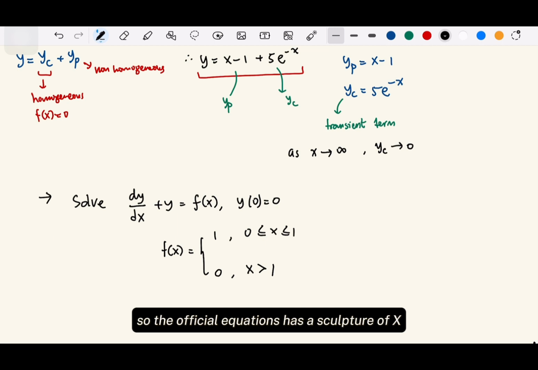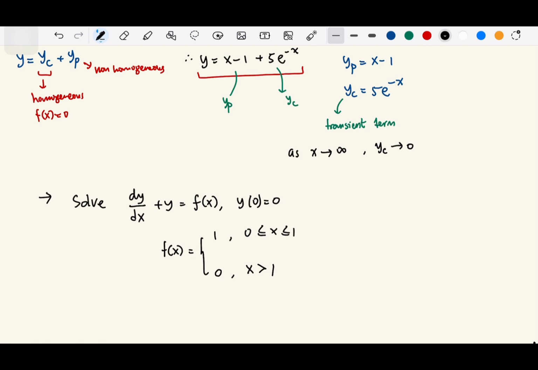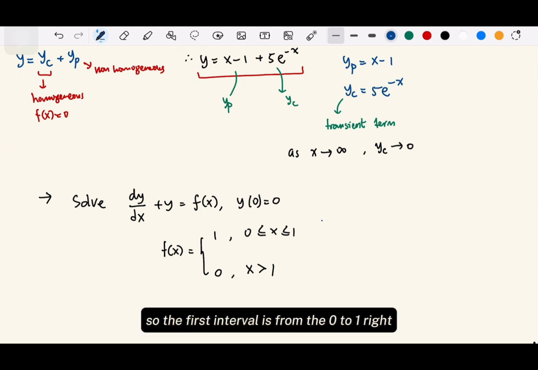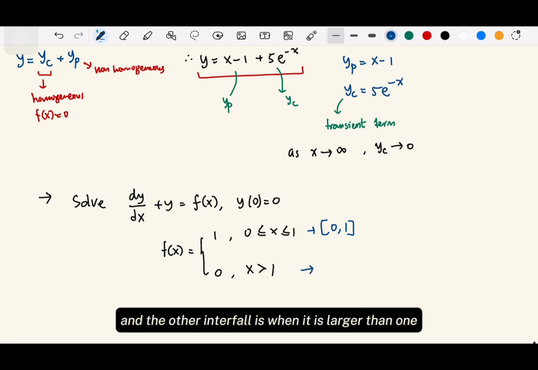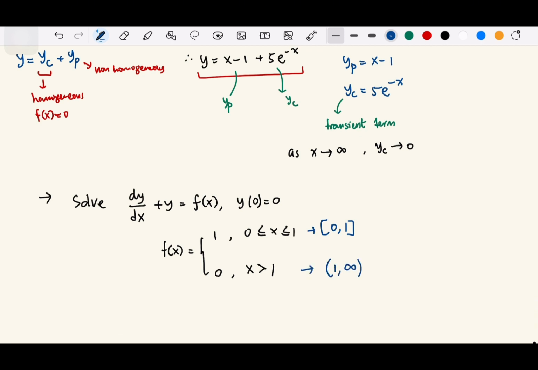So the differential equation has this function of x, which we can describe as this piecewise. How to do it? We could try both terms, when it's equal to 1 and then equal to 0. So we have two intervals. The first interval is from 0 to 1, and the other interval is when x is larger than 1, but not including 1.